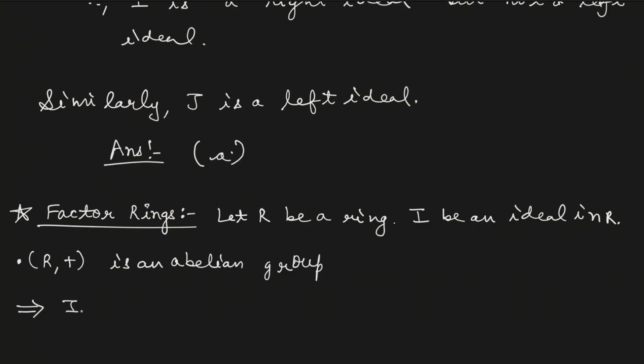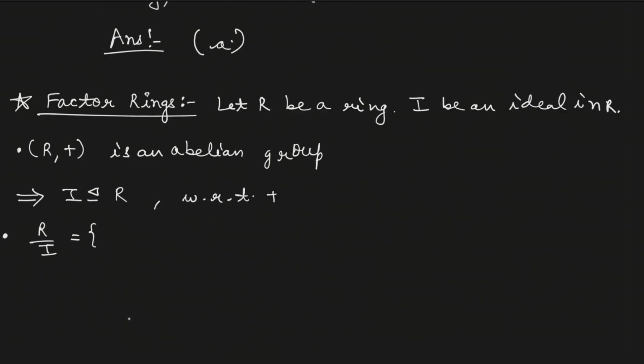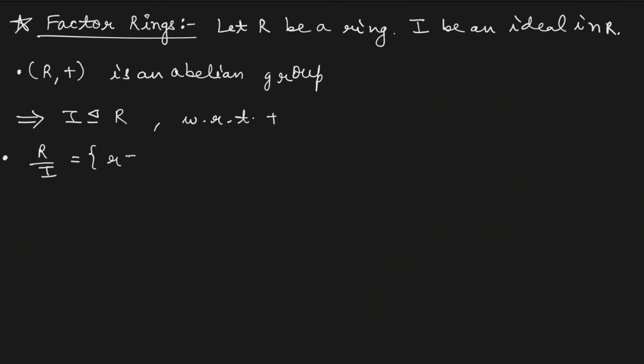This implies I is a normal subgroup of R with respect to addition. So R by I is the quotient group, r plus I such that r belongs to R. This is the group under addition.